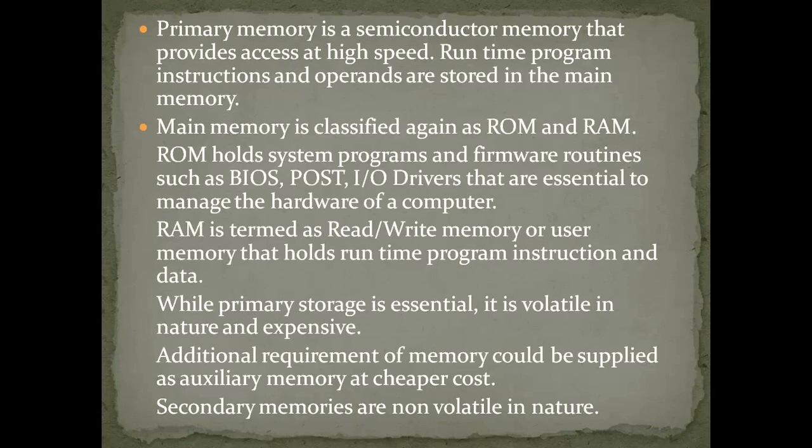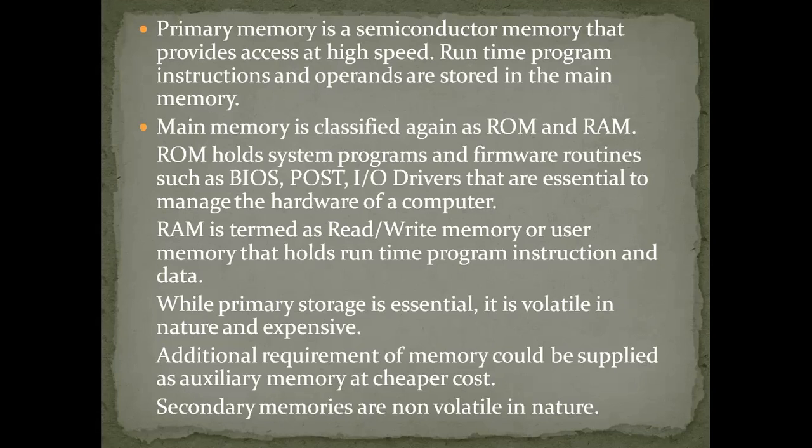ROM is read-only memory. It holds system programs such as operating system programs, compiler programs, and drivers. All these details are stored in ROM. RAM is a read-write memory. It holds the currently executing instructions and data. Both ROM and RAM are volatile memory.